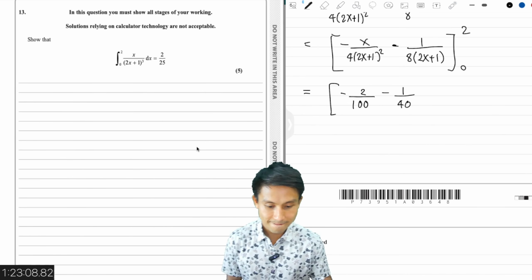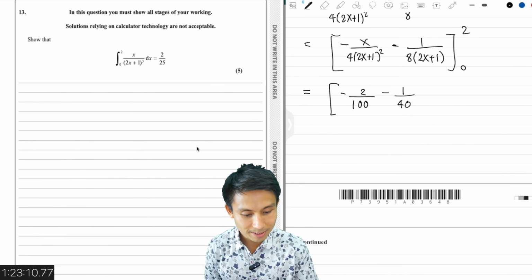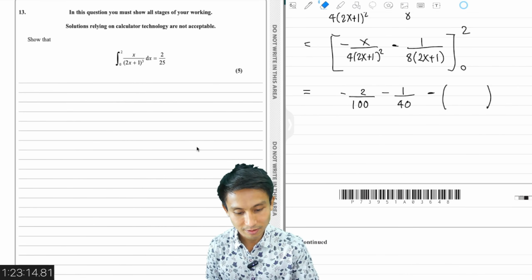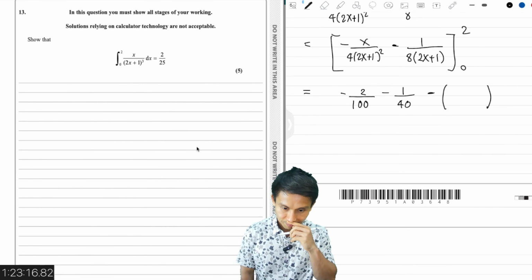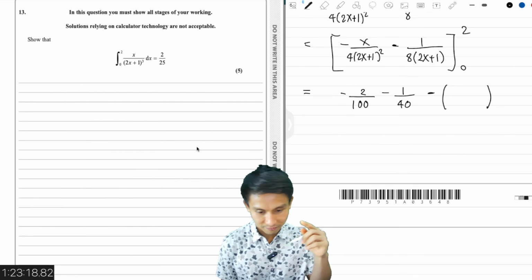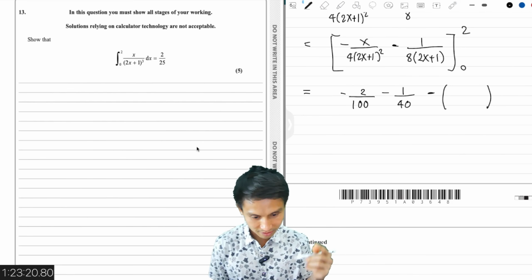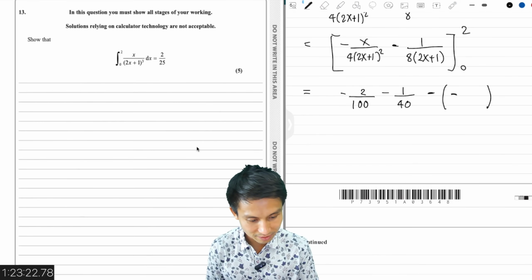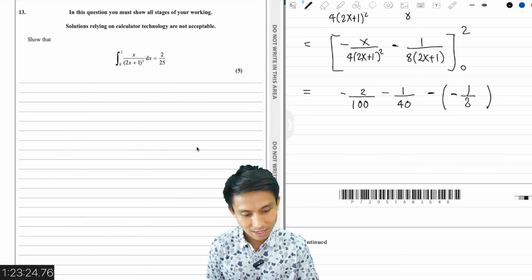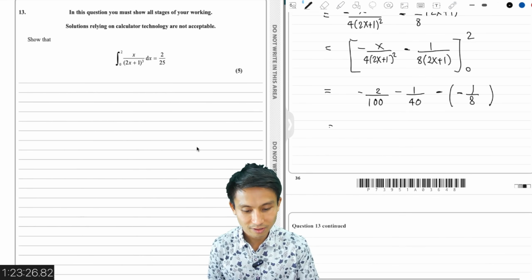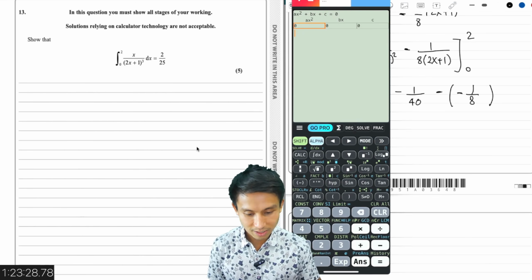And that's going to be minus, I do brackets here just to be safe. Subbing in 0, the first term is going to disappear, but the second term you're going to get minus 1 over 8, right?